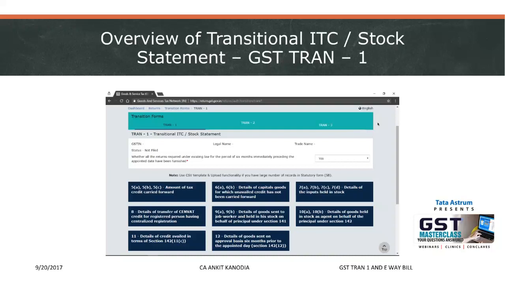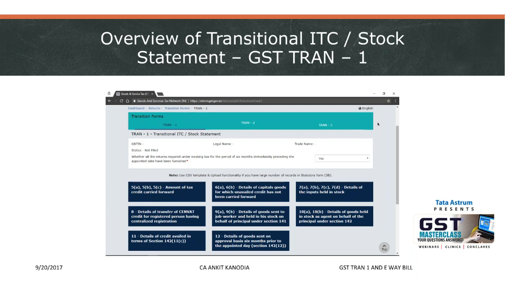On the law side, starting from section 140 subsection 1 to section 142 subsection 12, there are various provisions under which we need to fill in certain details, and we will see each of them.